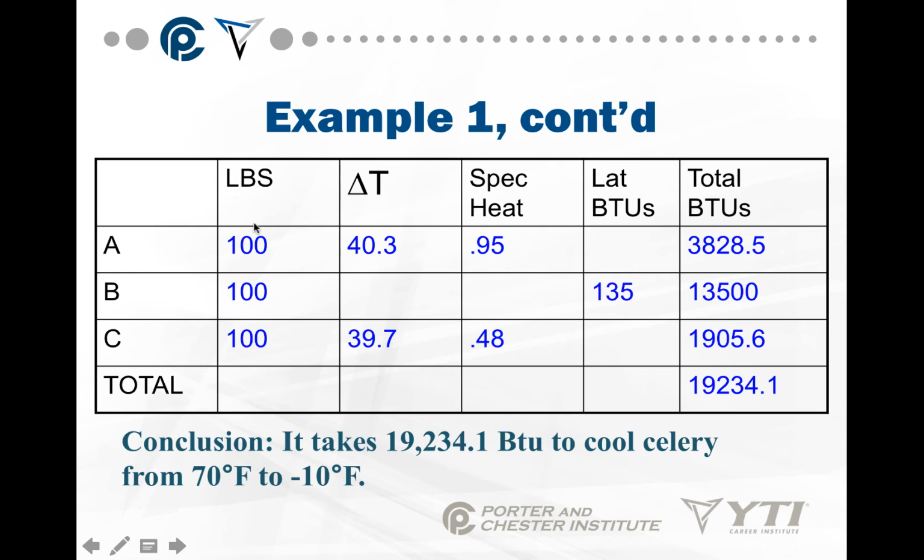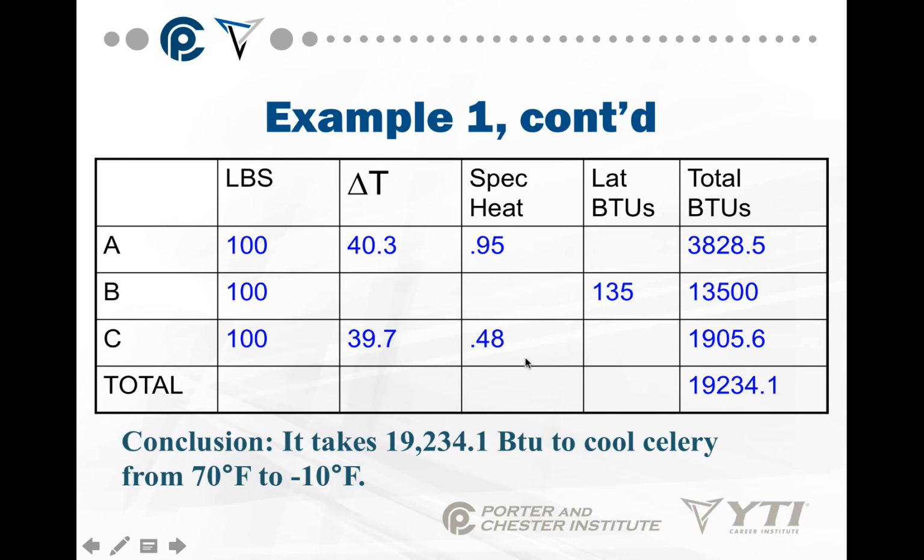So I can take my 100 times 40.3 times 0.95, that's the specific heat of celery, and I come up with 3828.5. Then my latent heat change, I have 100 pounds times 135, so that's 13,500.